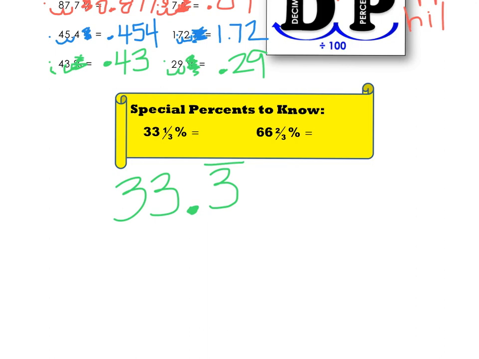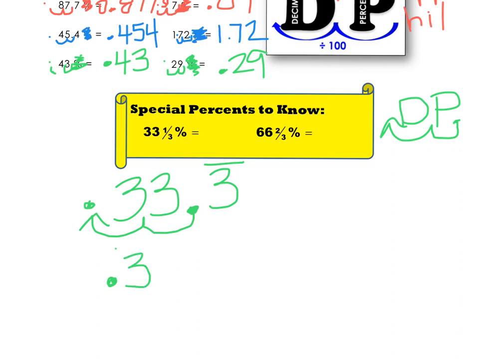So here, if we're starting with a percent and going to a decimal, we need to move twice to the left. So we're going to go 1, 2. Okay, so we're still going to go 1, 2, put our decimal on the front. Now there's no need to put 0.333.